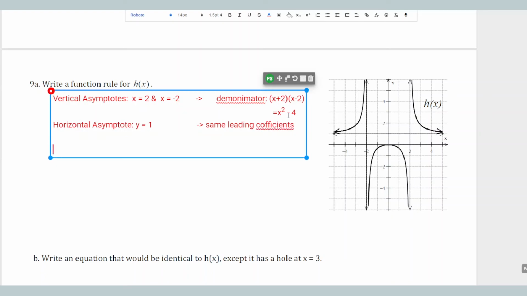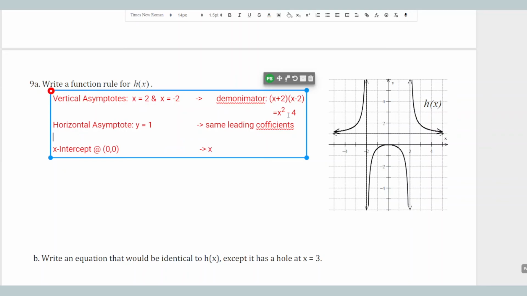And then I'm noticing that I have one intercept, specifically an x-intercept. I guess it's the x and the y-intercept, now I'm thinking about it. The x-intercept at 0, 0. So that means that I've got just a factor of x.